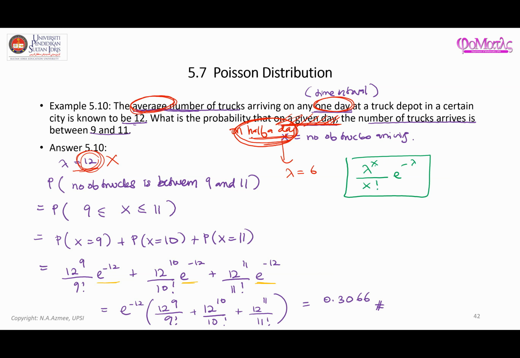Okay, it makes sense because it's 12 in a day. Therefore, if you're asking for the probability that the number of trucks arrives in that half a day period, lambda is 6.